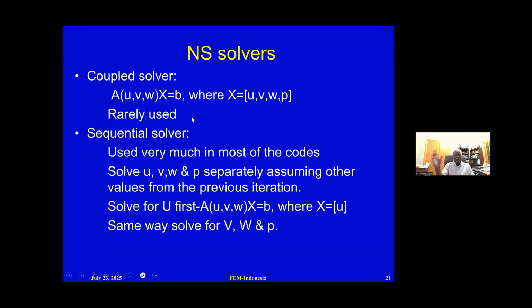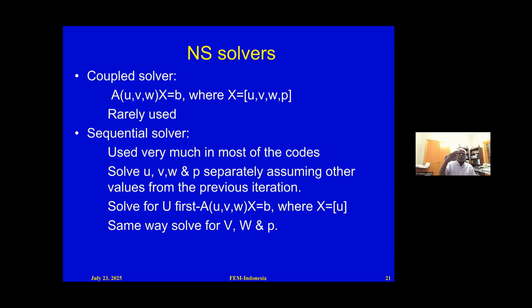But as I said, in your groups I have seen people in MATLAB using direct solution. Mostly commercial software and our research codes use a sequential solver, which solves U separately, then V, then W if it is 3D, and then P separately. Then there is a way to connect them. That is what you call velocity-pressure coupling. I will discuss a few of them.